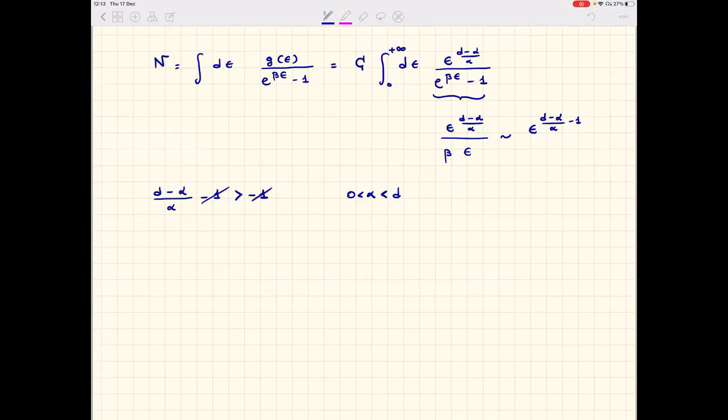And a divergence for large epsilon is called in physics an ultraviolet divergence. Why? Because ultraviolet light has large energies. Okay, so here you just have to figure out whether you have in this integral an infrared divergence or not. And this is the condition not to have an infrared divergence.